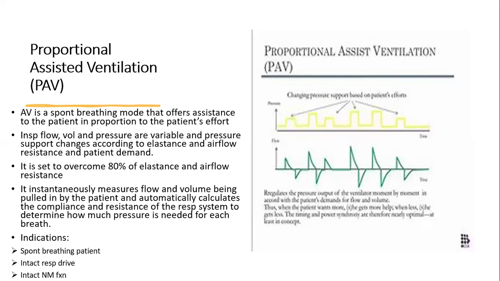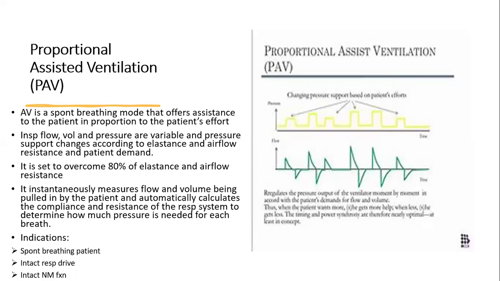Now, if the patient is recovering and is able to provide 80%, the ventilatory requirement will now reduce to 20%. So it instantly measures the flow and volume that the patient is pulling in and calculates the compliance and resistance of the respiratory system to determine how much pressure is needed for each breath. I hope you understand that.